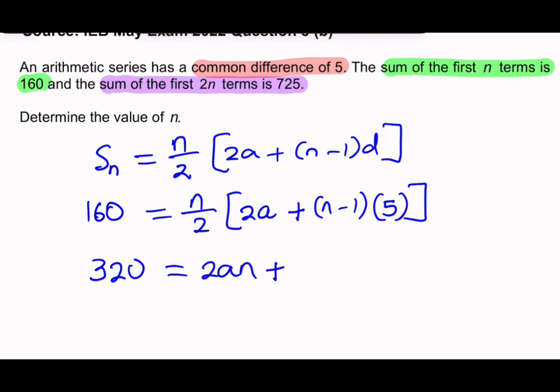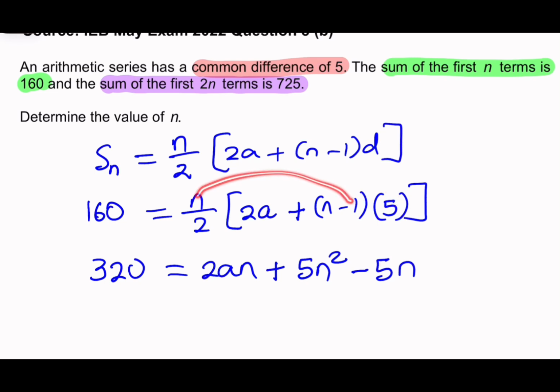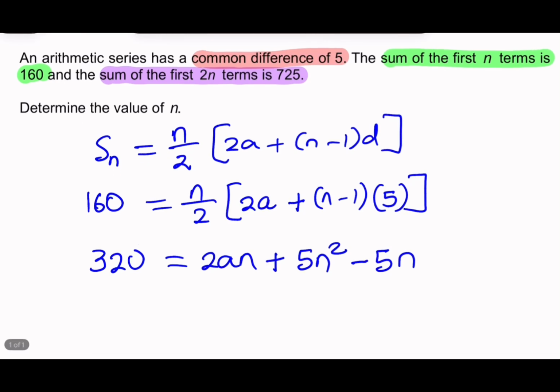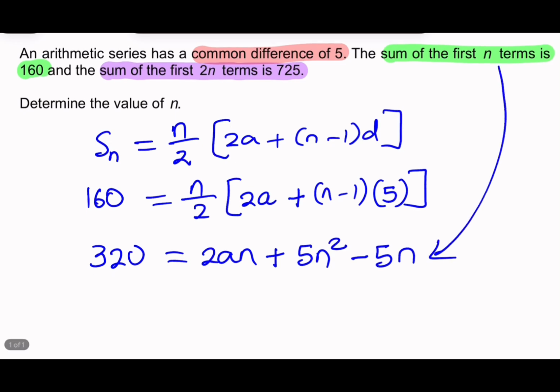plus 5 times n, but also times that other n, so it's 5n squared minus 5n, because that's 5 times negative 1 and the n is also multiplying in. That would be the equation I have. So that's one equation, which I got from the green highlighted part.